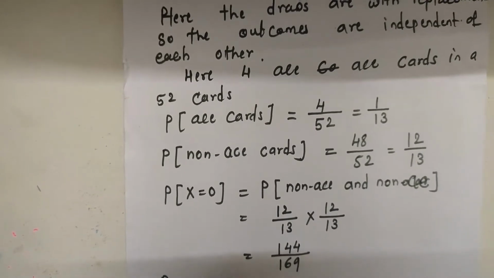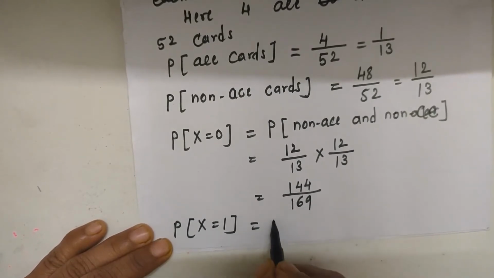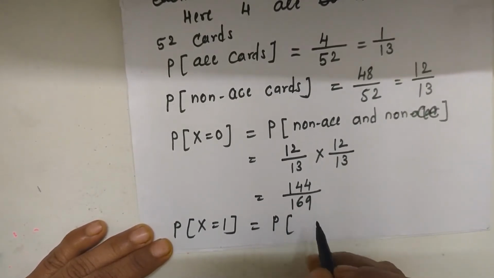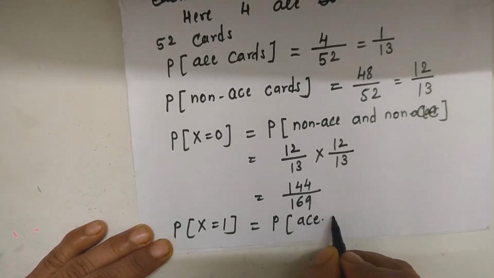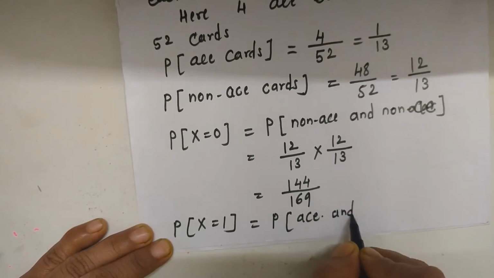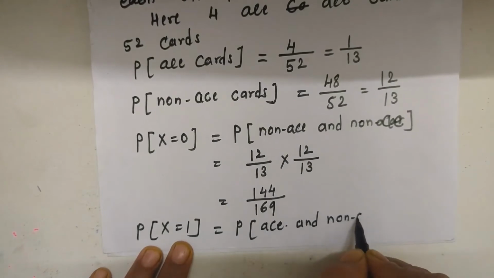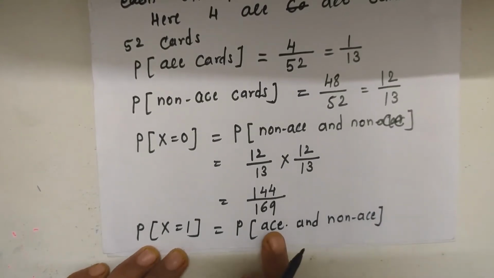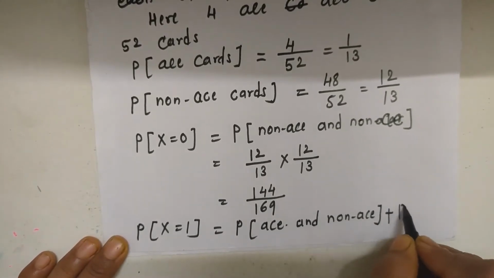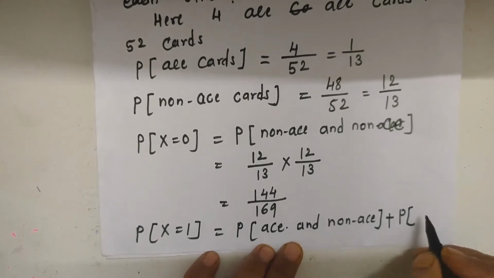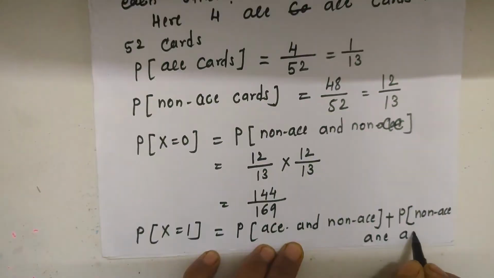Now the probability of X equal to 1 means any one card is an ace card and the other card is a non-ace card. So there are two possibilities. The first possibility is the first card is ace and the second is non-ace, and the second possibility is the first is non-ace and the second is ace.